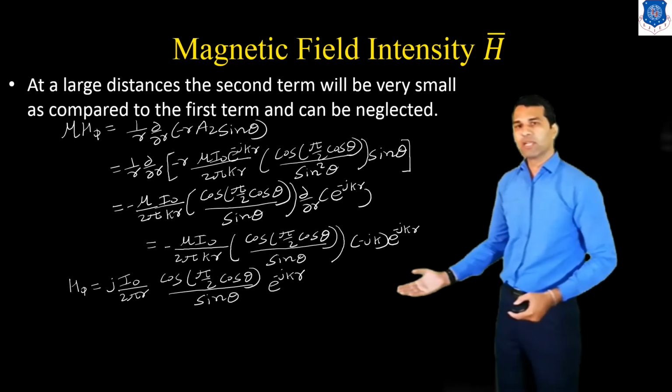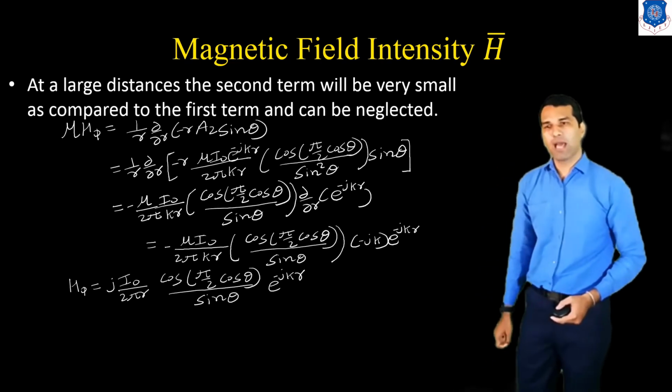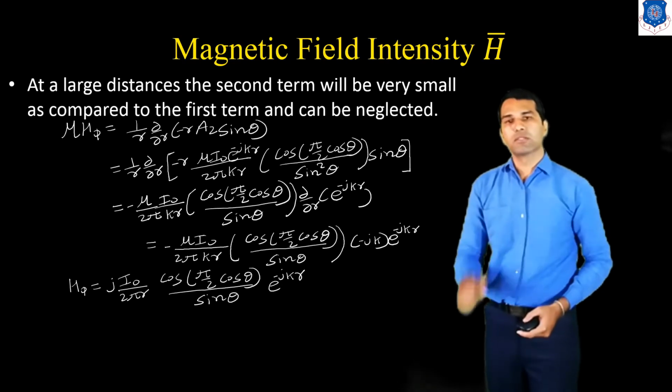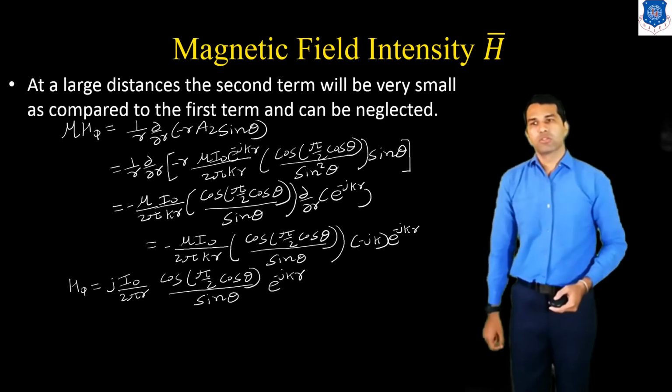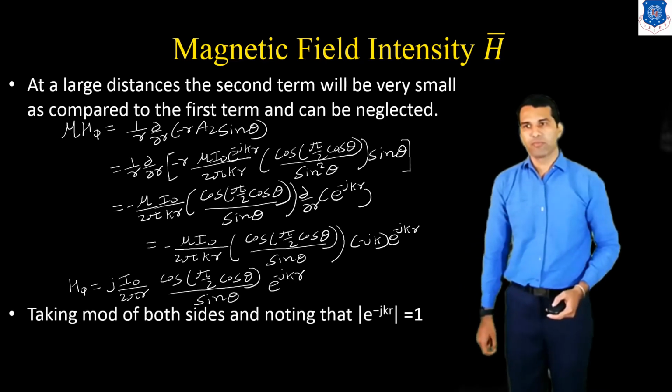So finally we get this equation: H_phi is equal to j I0 upon 2 pi r, cos of pi by 2 cos theta upon sin theta, e raised to minus j k r. So this is the magnetic field intensity H_phi.